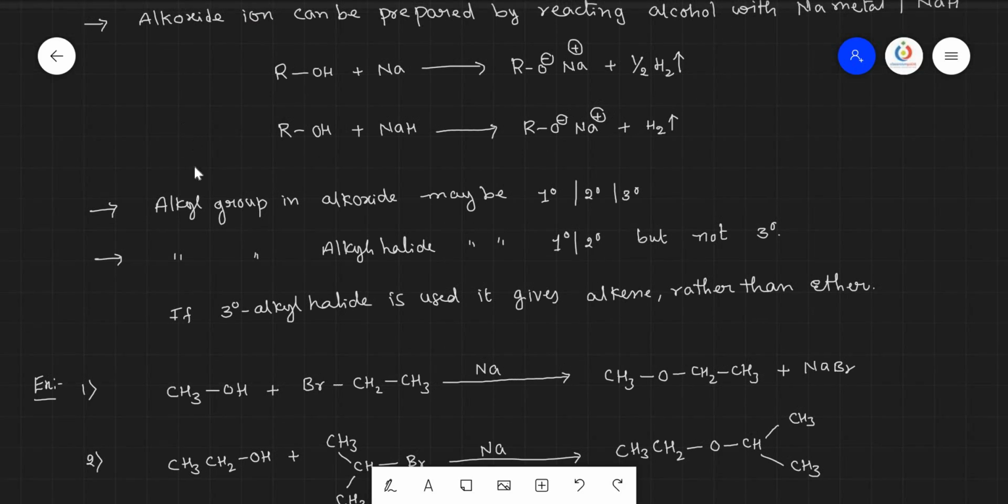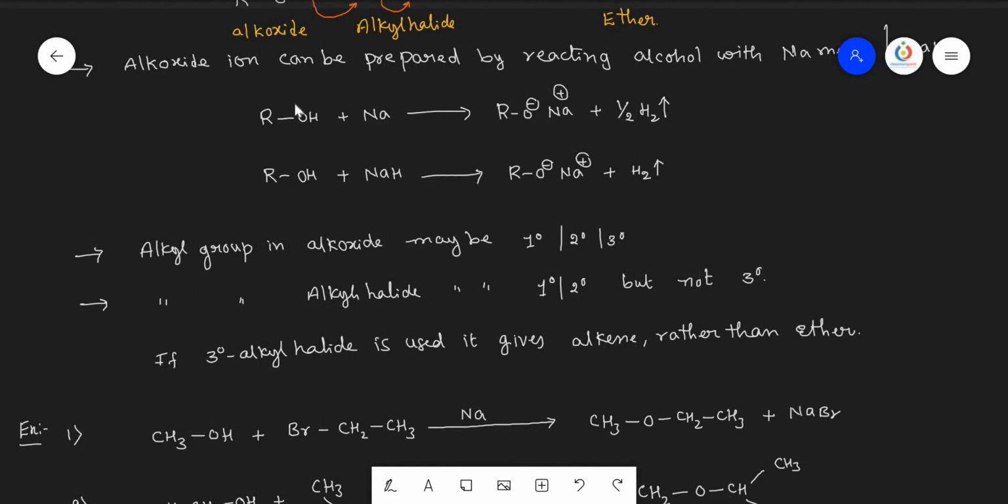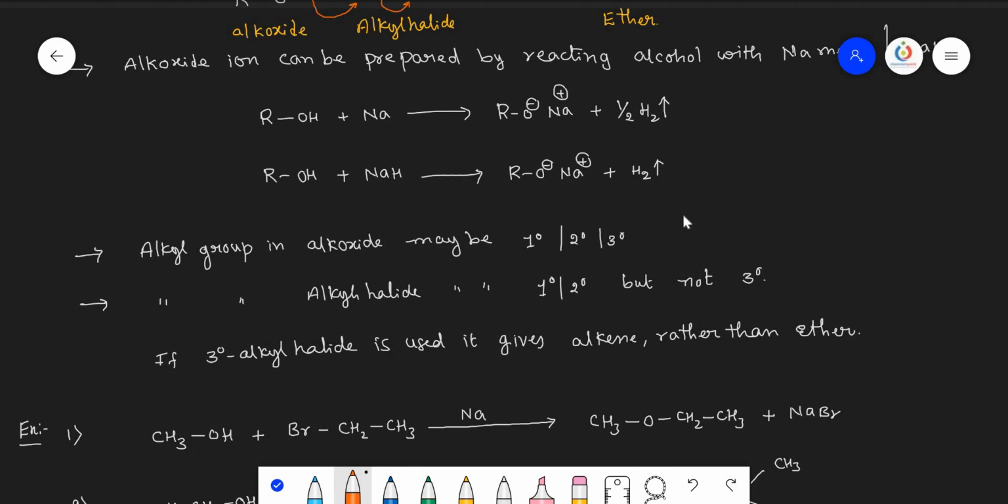If you want to take alcohol, the alkyl group in the alkoxide may be primary, secondary or tertiary. So alkoxide means alcohol, you can take any of these groups, either primary, secondary or tertiary alkyl group. You can take methyl alcohol or ethyl alcohol as the primary alcohol.